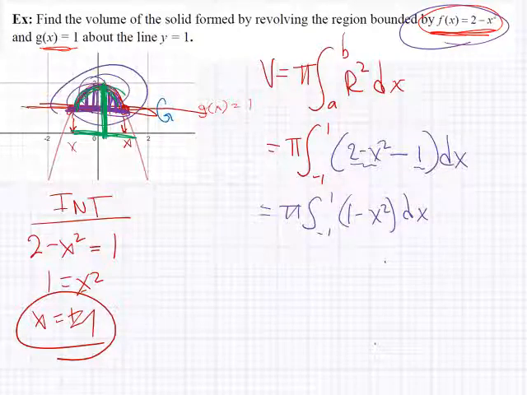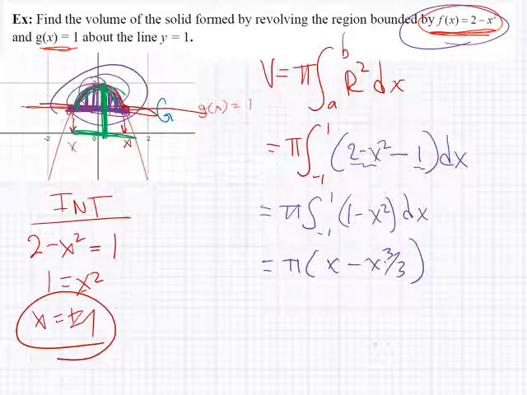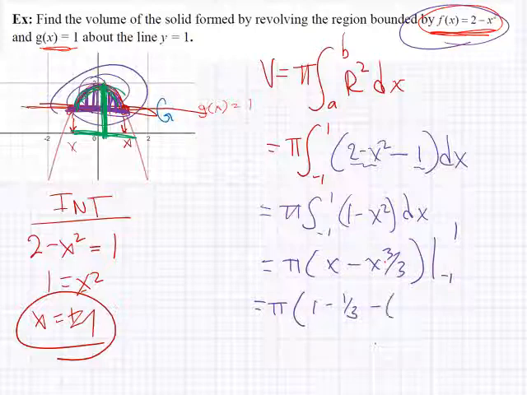And so we would get pi times x minus x cubed over 3 between negative 1 and 1. So pi times 1 minus 1/3 minus negative 1, what's that going to be, plus 1/3.